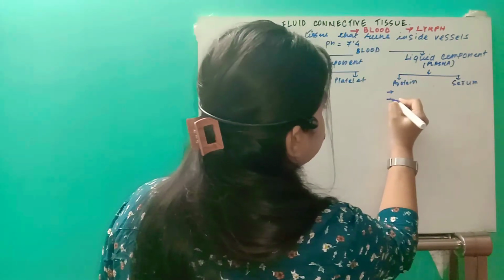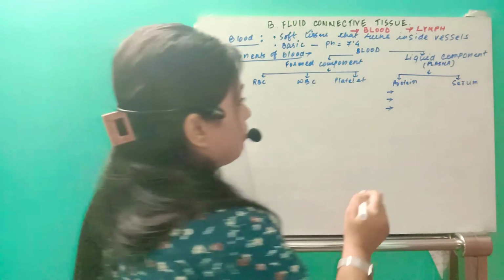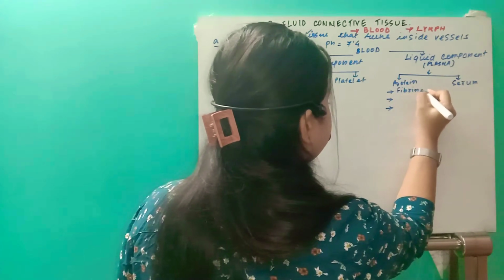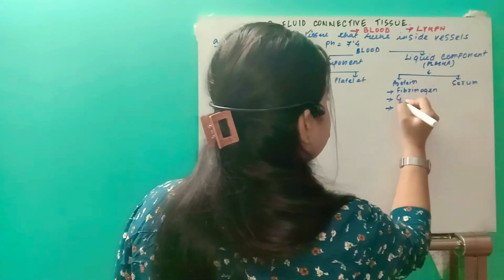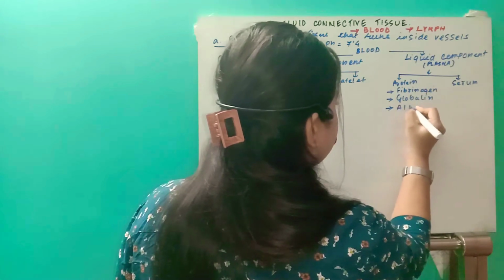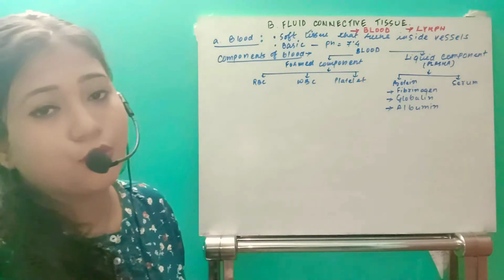So how many types of proteins are present? There are three types of protein. Remember, what are they? One is fibrinogen, second one is globulin, and the third one is albumin.